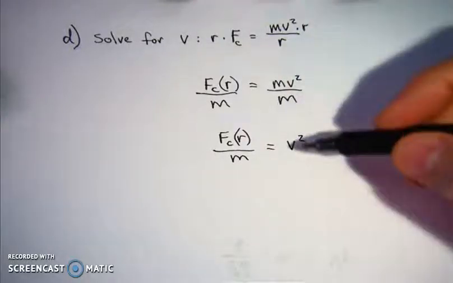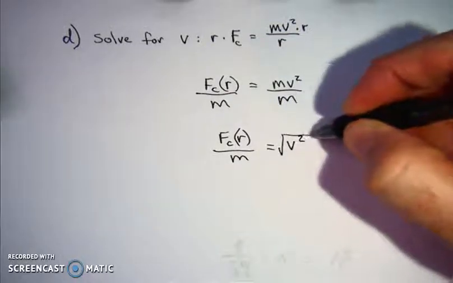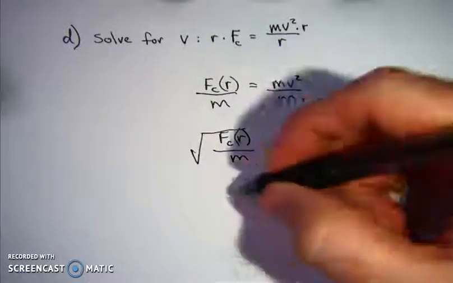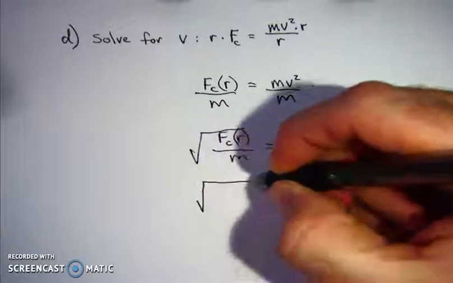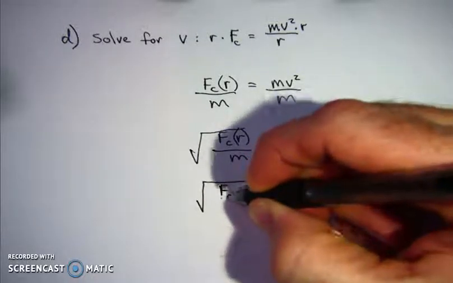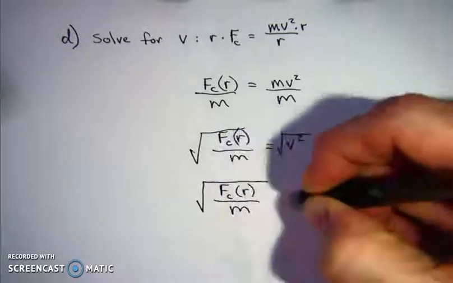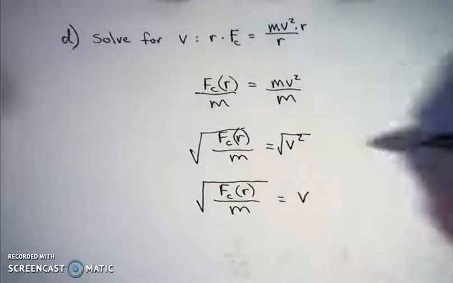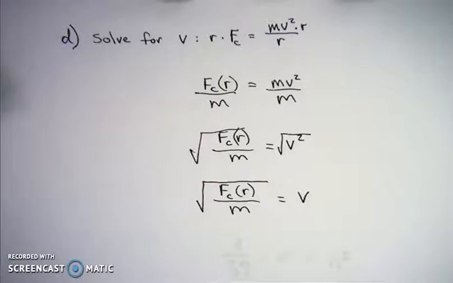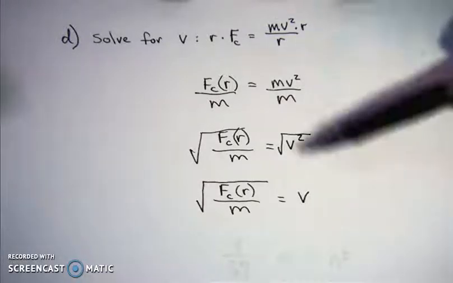So in order to get rid of the square, we'll take the square root of both sides. So you will end up with the square root of Fc times r over m, and that will be equal to v. And that is how you isolate and solve for v out of that equation.